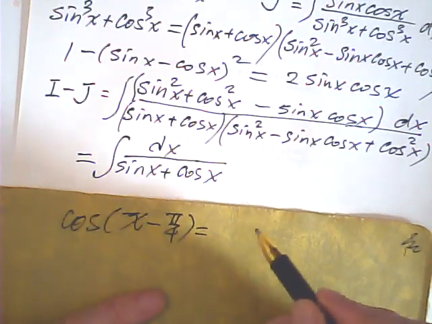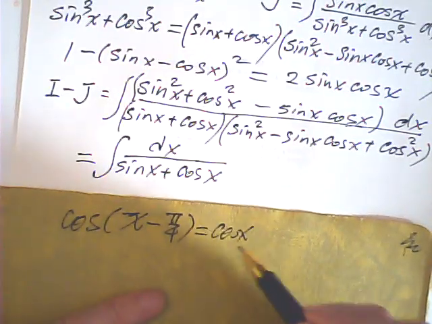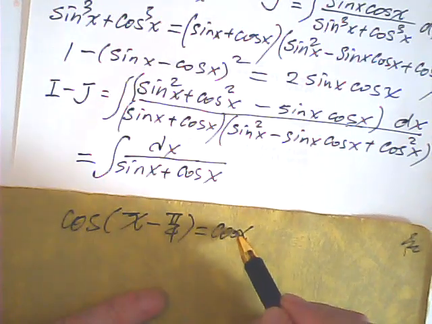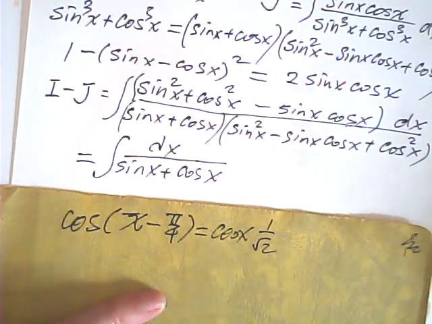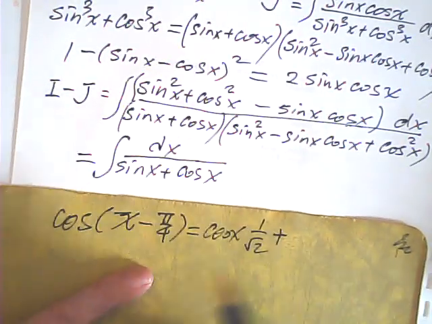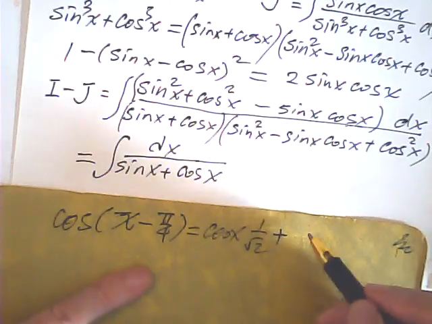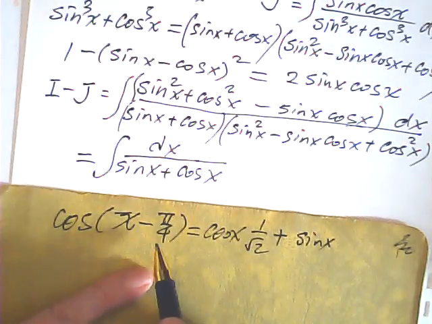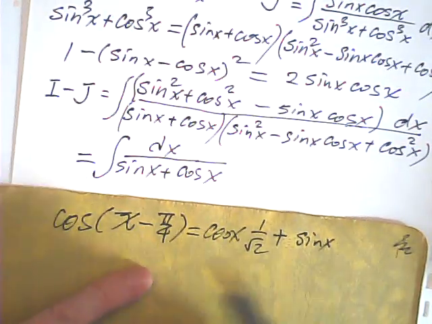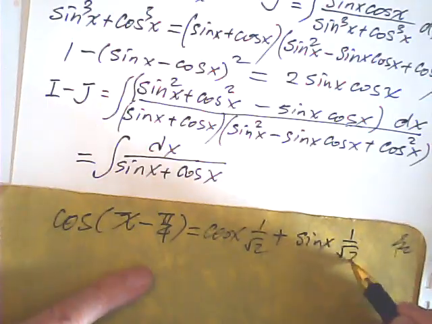So this one is equal to cosine x times this one, which is 1 over root 2, right? Cosine quarter pi. Plus sine x times sine quarter pi, which is 1 over root 2.